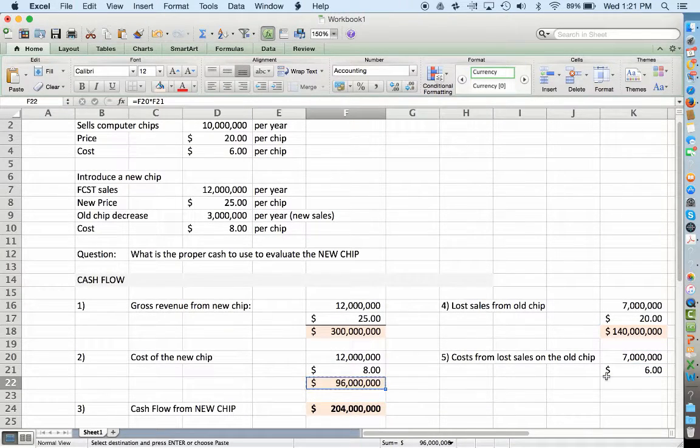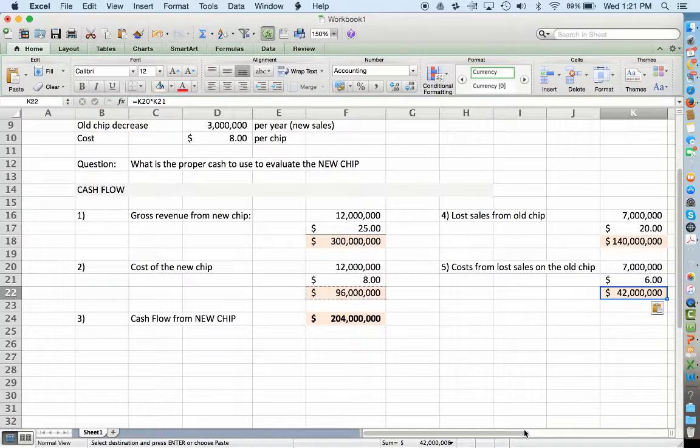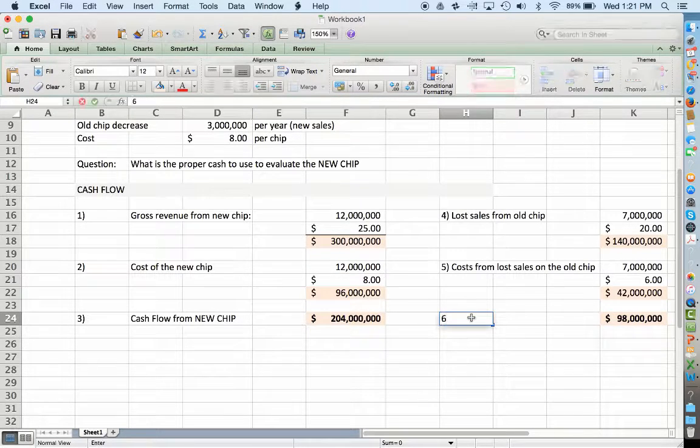So I'm no longer going to have to expend the $42 million. All right. So if I net those two numbers together, I essentially have lost cash flow from the old chip. So I have incremental cash flow from the new chip.